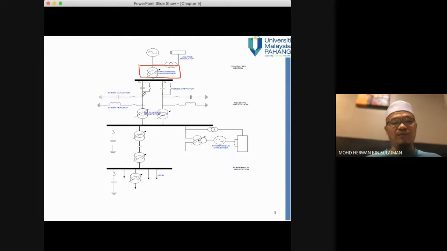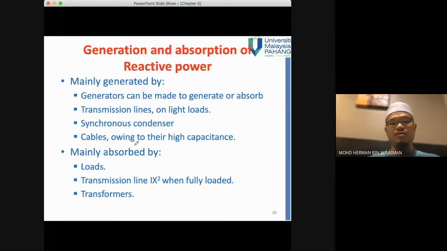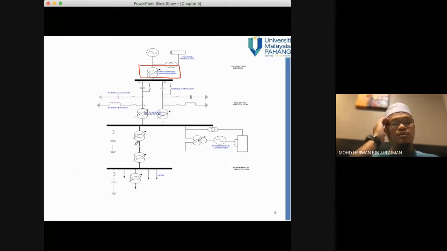And then at the receiving substation, we have a series capacitor and a shunt capacitor. These are the reactive elements to control the voltage level. And we have another step up or step down transformer, and then this is the distribution system. This is just a simple illustration of multiple power system components.